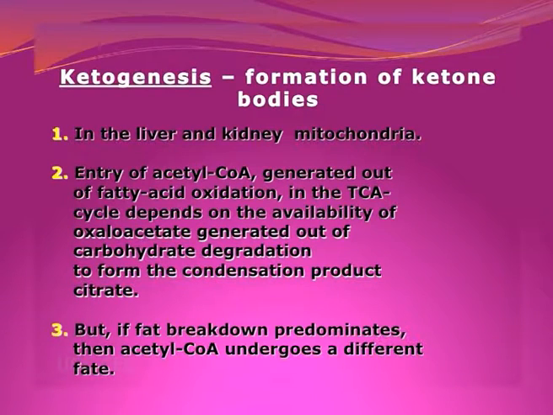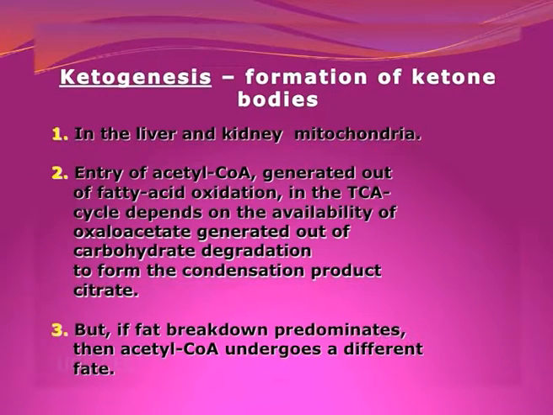Ketogenesis is defined as the synthesis of ketone bodies in the liver and kidney mitochondria. Now, we have to learn when ketogenesis takes place. When the carbohydrate metabolism and the fatty acid metabolism are perfectly balanced, then ketogenesis doesn't take place. It happens only in case of a poor carbohydrate metabolic pathway.